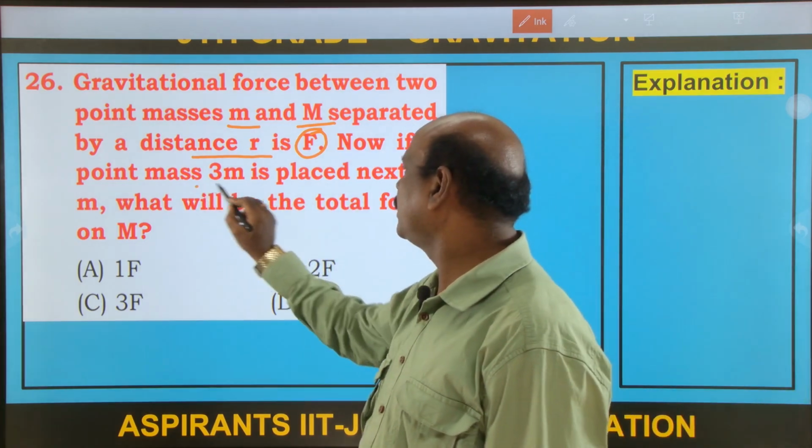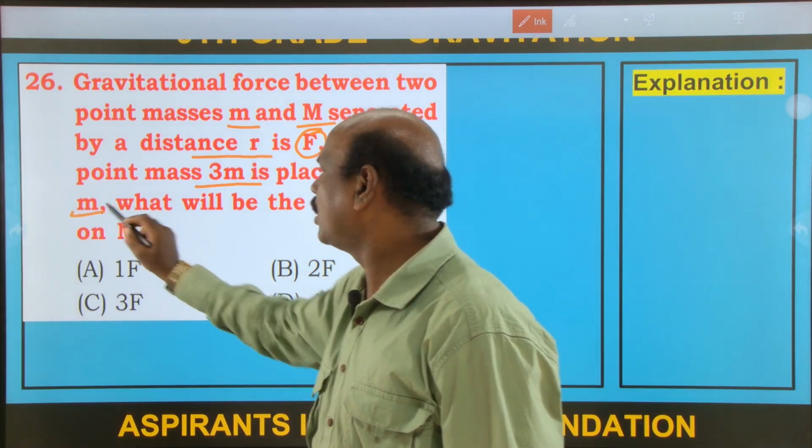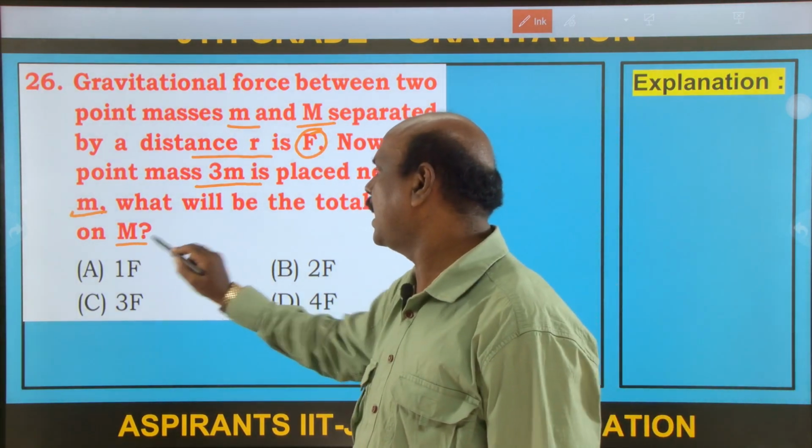If we are placing one more mass, 3m, at the point of small m, what will be the total force on capital M?